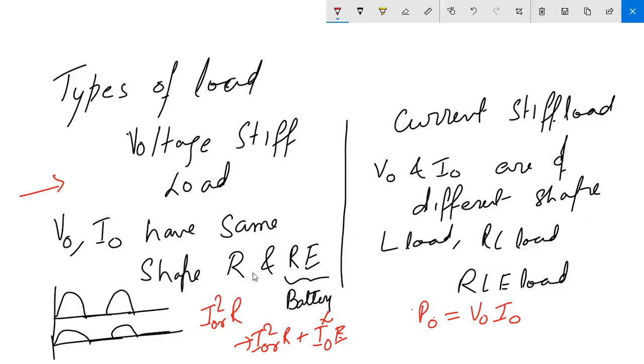If you don't know, just check it out, because loads are also of different types. So let us start with rectifiers.